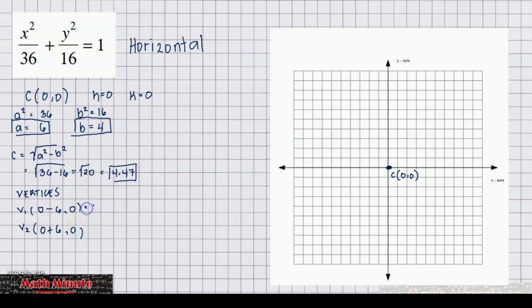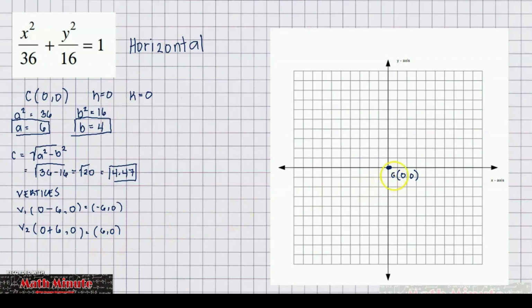So V sub 1 will be equal to negative 6, 0, and V sub 2 will be positive 6, 0. Here, it can be interchanged. V sub 1 can be positive 6, 0 and V sub 2 can be negative 6, 0. It's okay if you interchange those values.